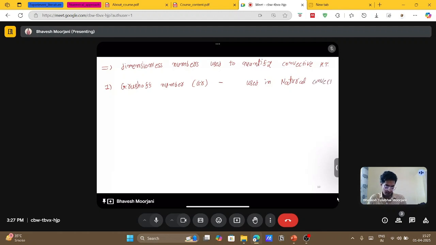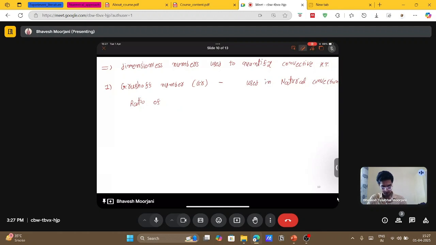So this quantifies the natural convection part, where one can consider it as analogous to Reynolds number. So it gives you the ratio of buoyancy to the viscous force. Similar analogy in the forced convection is the Reynolds number.